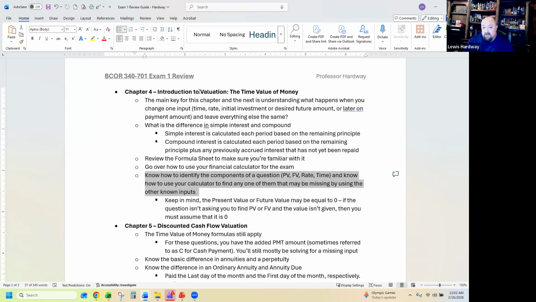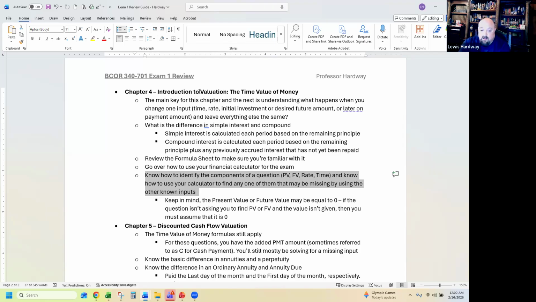So that's just something else to keep in mind, that if it doesn't specifically give you the dollar amount, you can typically substitute $1 in there because again, rates and time periods are going to be the same no matter the dollar value. So keep that in mind.